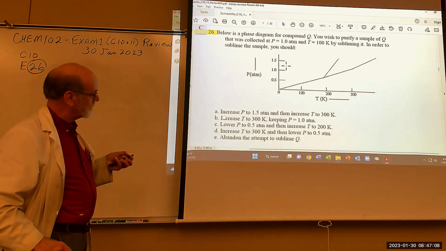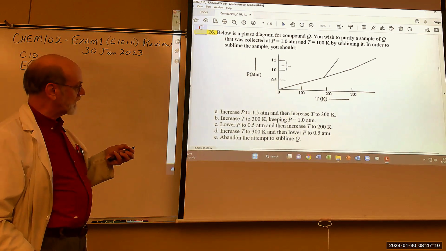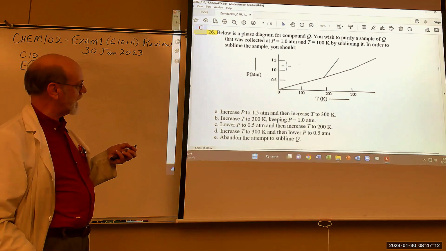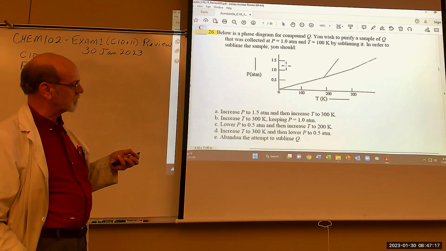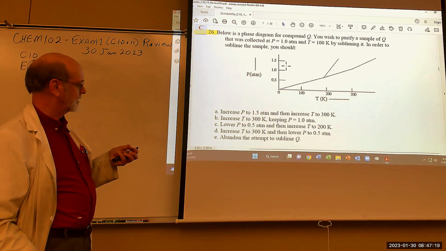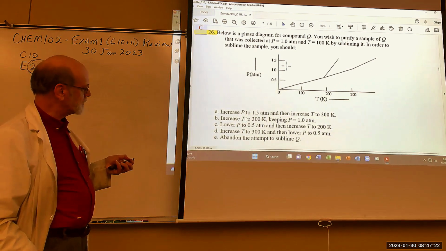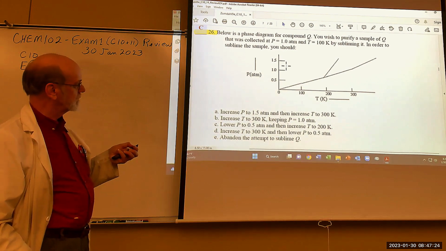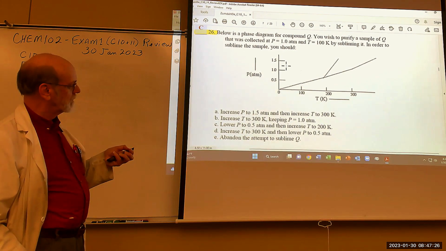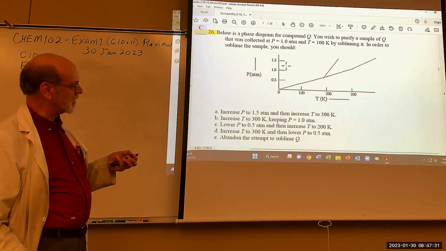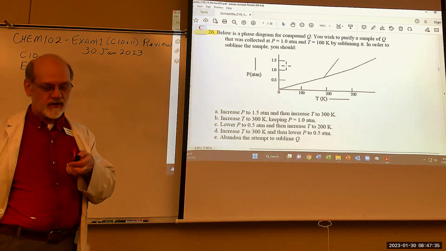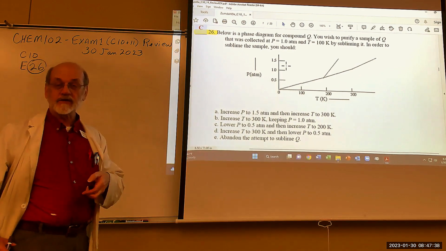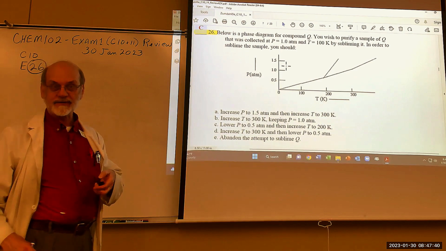So how would you do that? Well, our choices are, at this point, this is where we collected it, increase the pressure to 1.5, and then increase the temperature to 300. Now, that'll take it through the liquid phase. Can't be A. Increase the temperature to 300 K. Okay, we're still here. Now it's gas. You can't sublime it anymore. You've turned it into gas already, right? Actually, you've turned everything that came with it into gas.